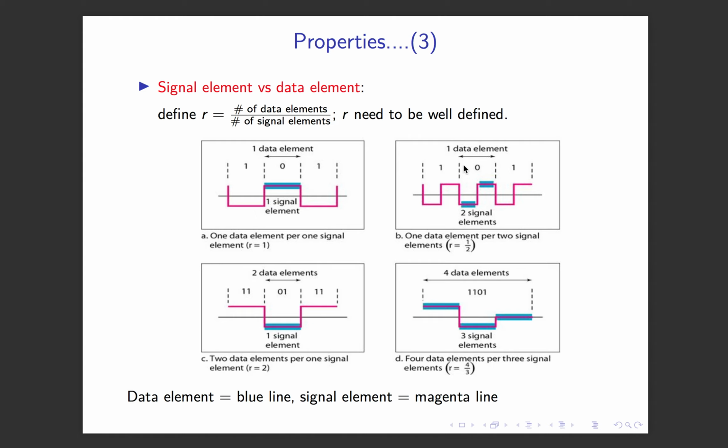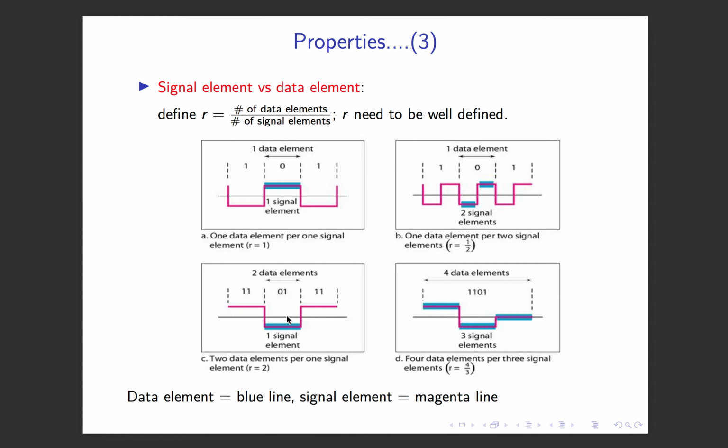In the next figure, B, we can see this is one data element per two signal elements, because the clock period of the data element is twice the clock period of the signal elements. So within the data element, two signal elements are enclosed. That means two signal elements combined carry one data element. In C, it's completely different.